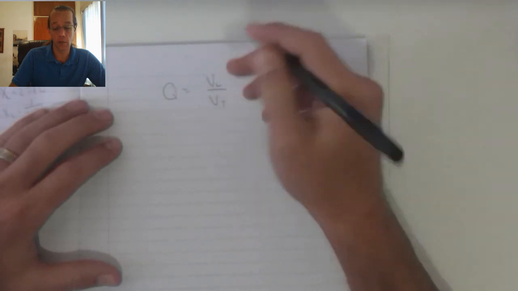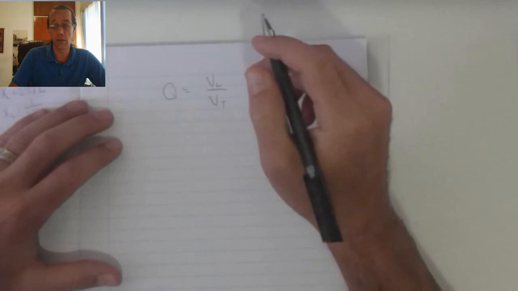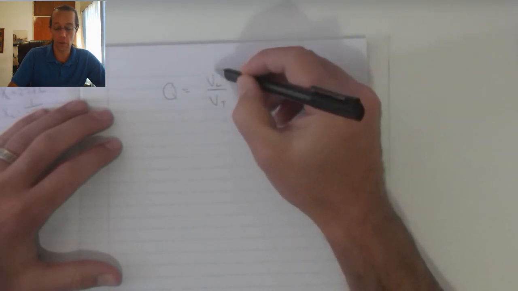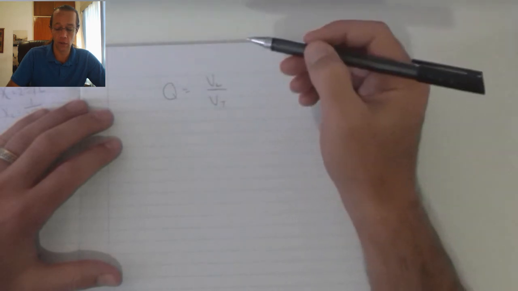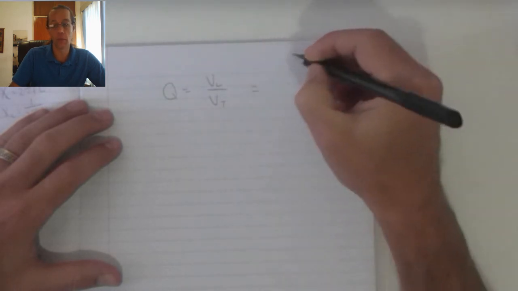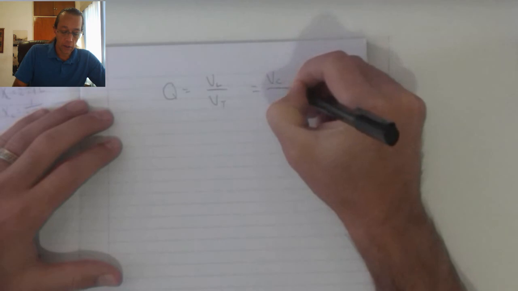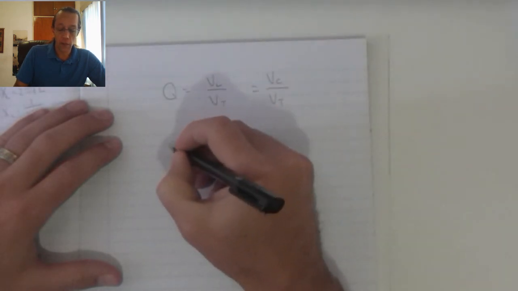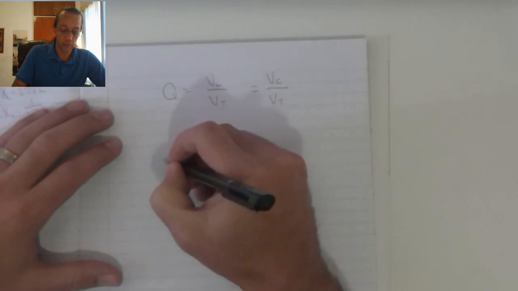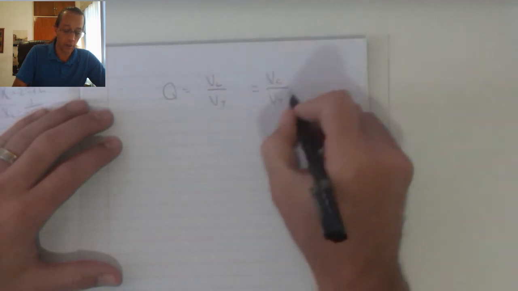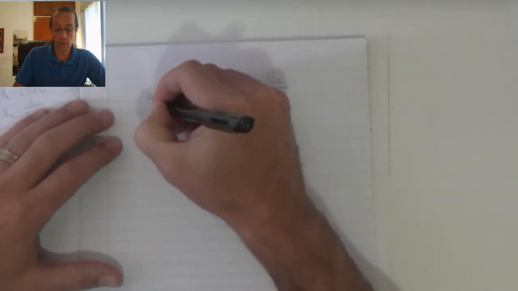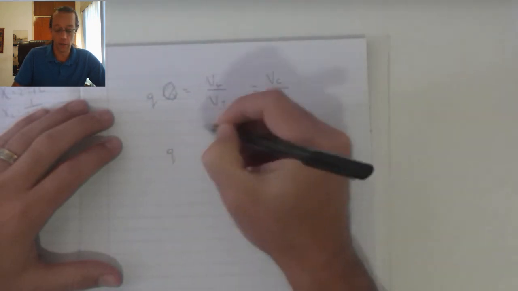But we know that the inductor and the capacitor are in resonance, which means their voltages are going to be equal because their reactances are going to be equal. So I can just as well substitute VC over V total. That's if I want to use my voltage values. Sorry, that is supposed to be a lowercase q.